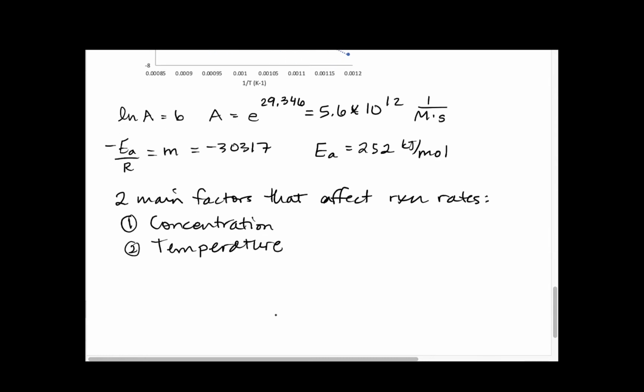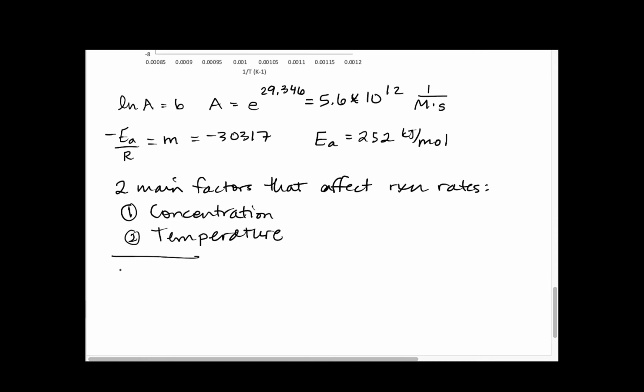But it is also worth adding in here an additional factor. It's not always a factor, which is why we aren't going to include it in our list of major factors. But the additional factor that can affect reaction rate is catalysts.